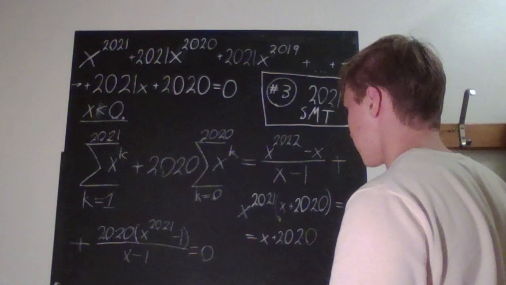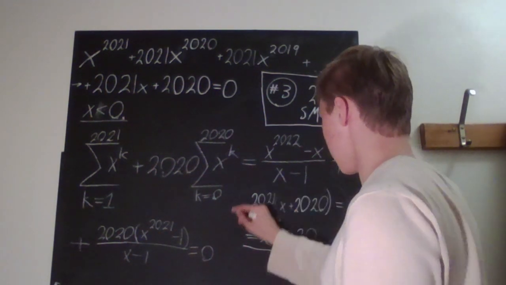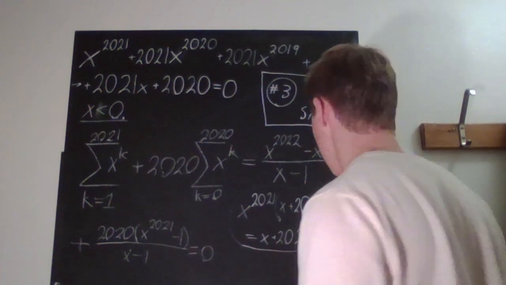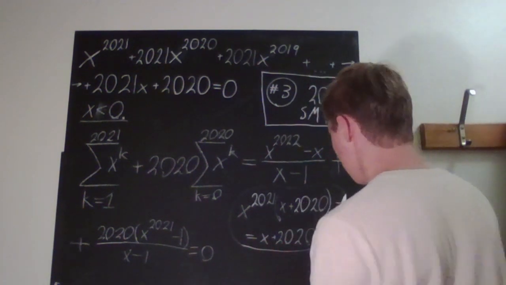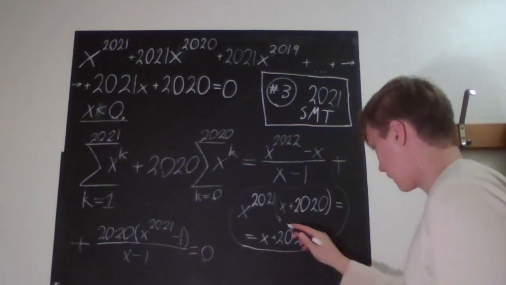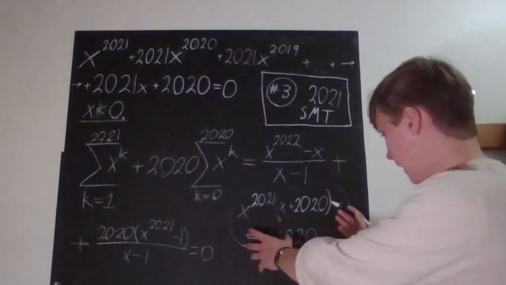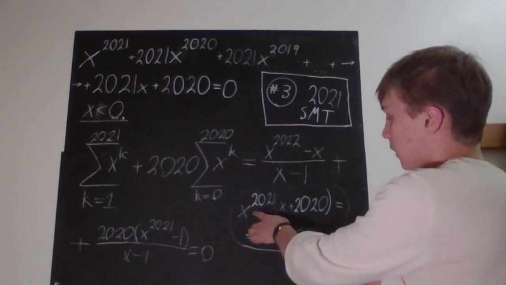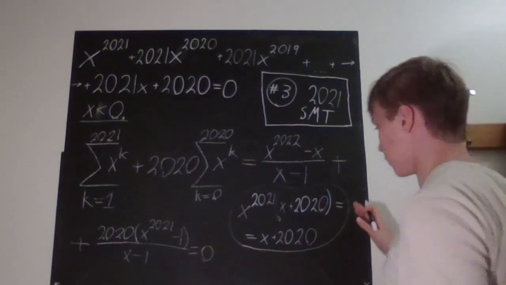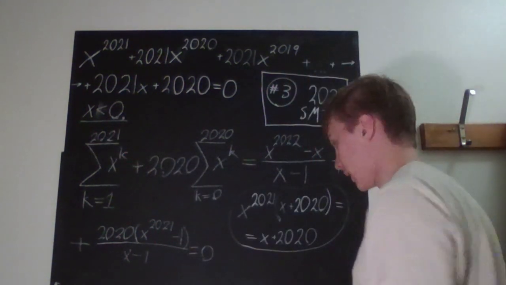So what we can see from this equation right here is that if these two are non-zero, then we can divide both sides by it, and then we'll have that x to the power of 2021 is equal to 1, and we know that can't be right, right?